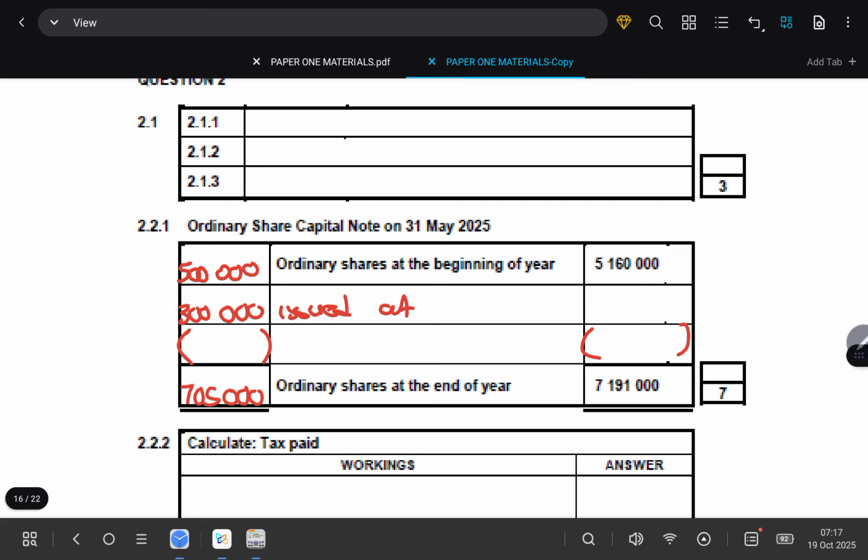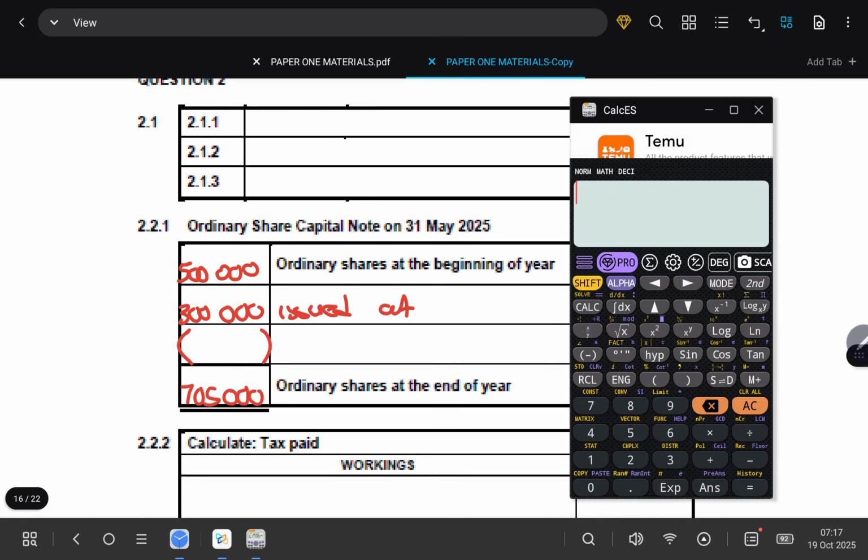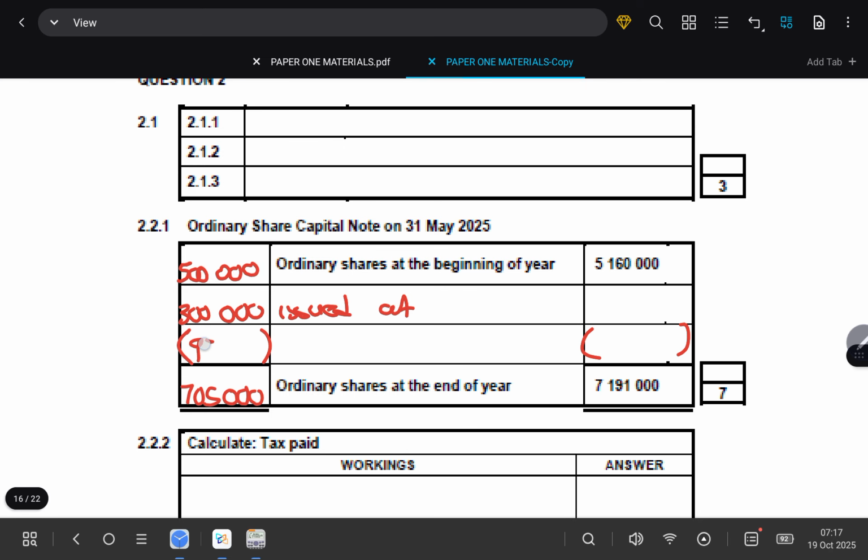We can simply say the difference: 800,000 minus 705,000 gives you 95,000. So it means that 95,000 shares were repurchased. This information is going to come in very handy for us. And then after this, we need to get information in terms of the average price. Now, there are three conditions that you can use to calculate your average price. Number one, you check first.